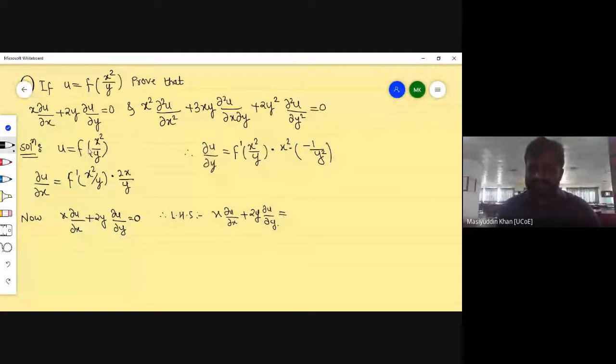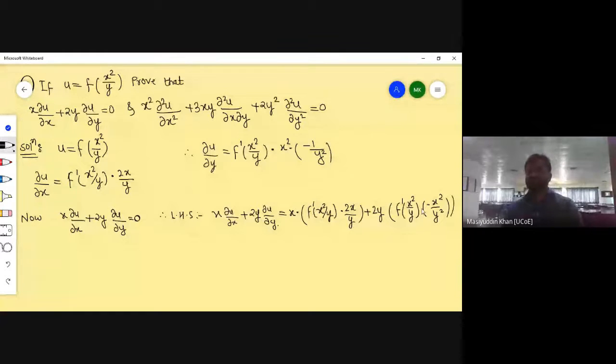So x as it is, and we have the value of ∂u/∂x, so f dash of x square by y into 2x upon y, plus 2y as it is, and ∂u/∂y we have, that is f dash of x square by y, minus x square by y square. So hope these things are clear to everyone. We just substituted the value.